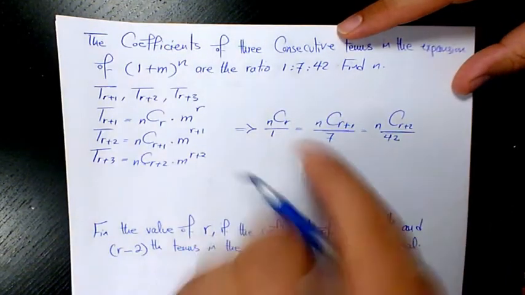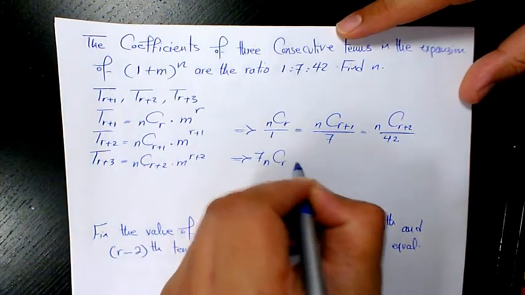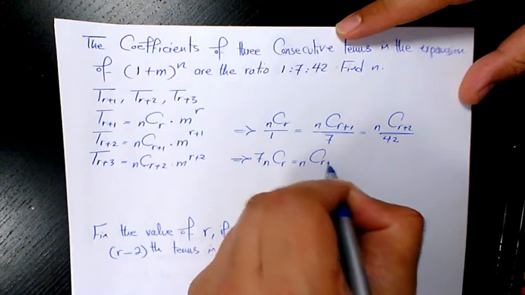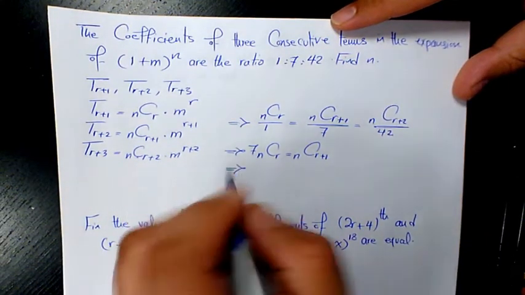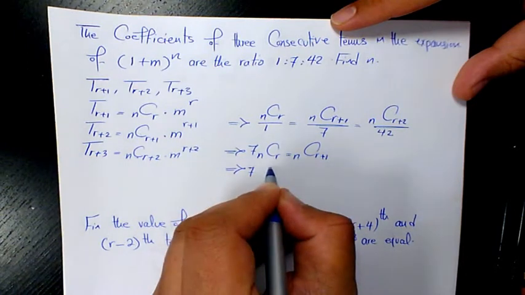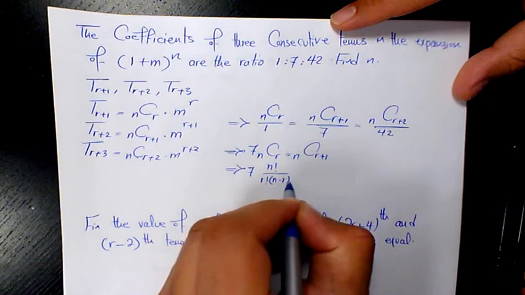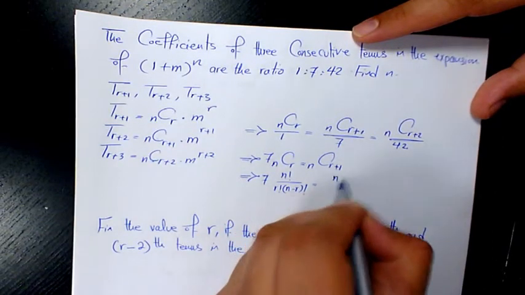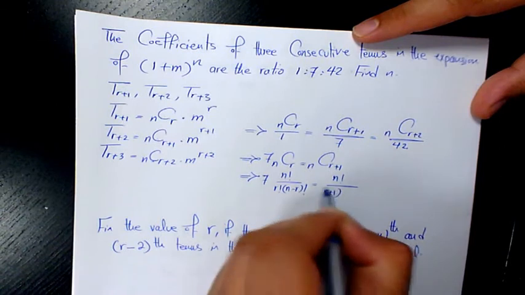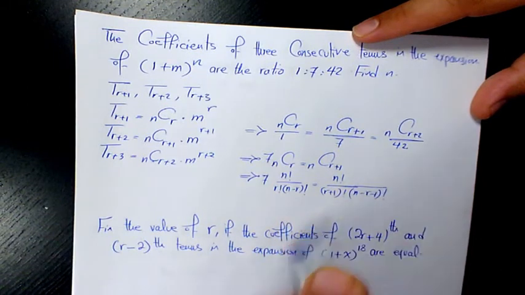So when you cross multiply, 7 nCr must be equal to nC(r+1), which will be 7 n factorial over r factorial (n minus r) factorial equals n factorial over (r plus 1) factorial (n minus r minus 1) factorial.